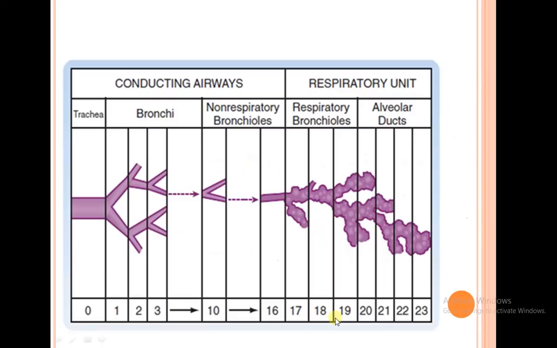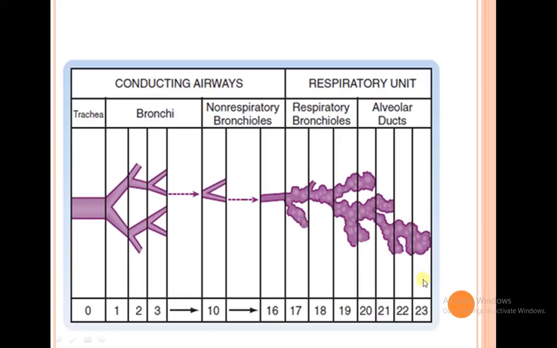So from trachea till the stage of terminal bronchioles, there are 16 divisions, or we can say that it takes the trachea 16 divisions to reach the stage of the terminal bronchiole, and from respiratory bronchiole to the stage of alveoli, there are 7 more divisions.